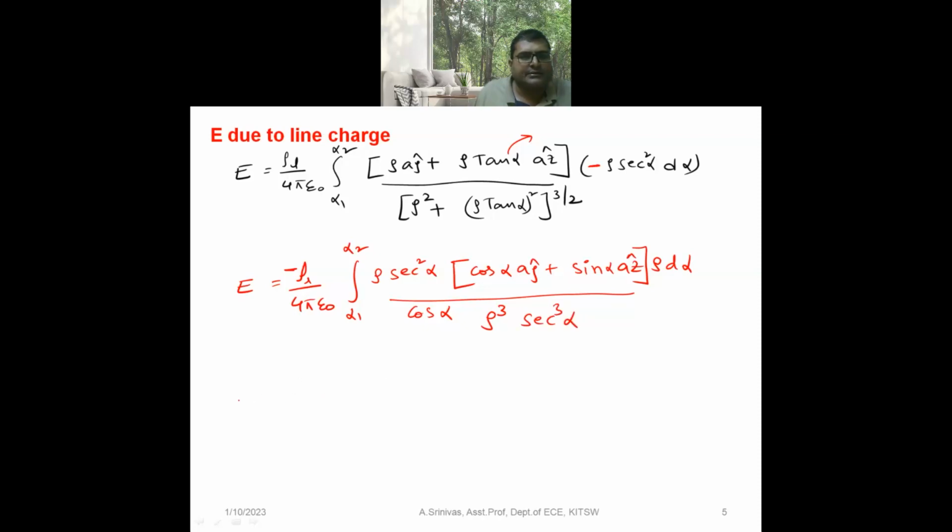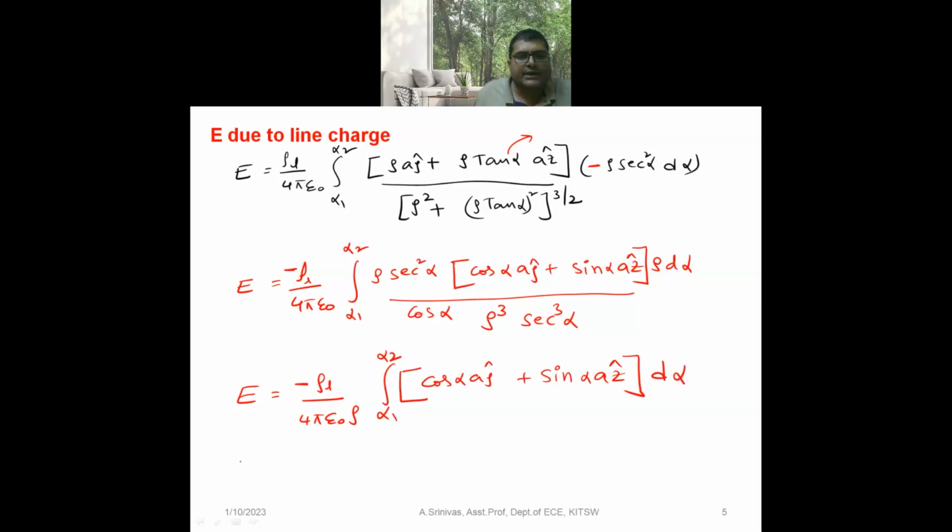And the next step is, after simplification and rearrangement, we get rho L by 4 pi epsilon naught rho, ranging from alpha 1 to alpha 2, (cos alpha a_rho cap plus sin alpha a_z cap) d alpha.